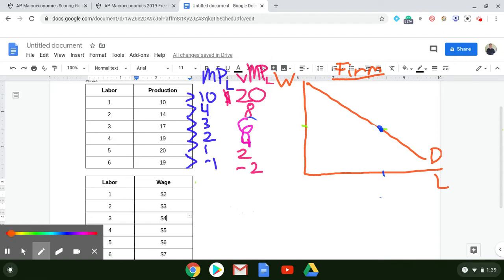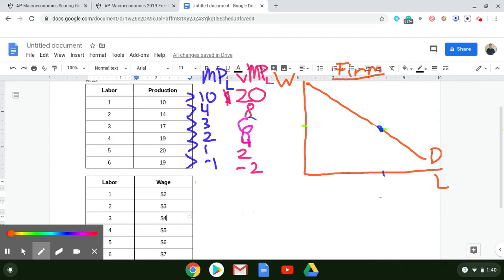You could hire one person, and they would take a wage of $2. If you want to hire a second person, you'd have to give them a wage of $3, the wage they're willing to work at. Third person $4, fourth person $5, and so on. Very simple, contrived example.